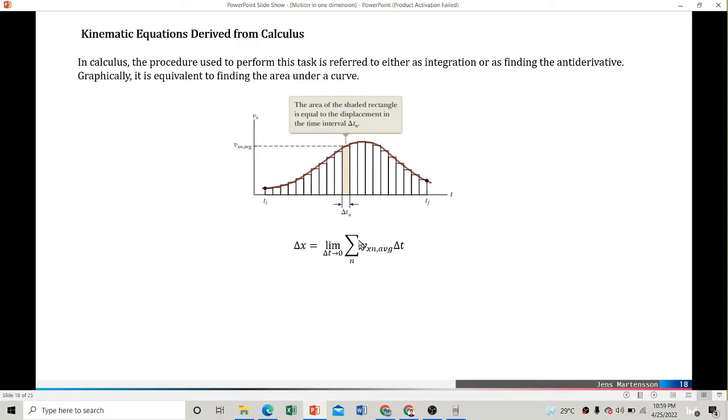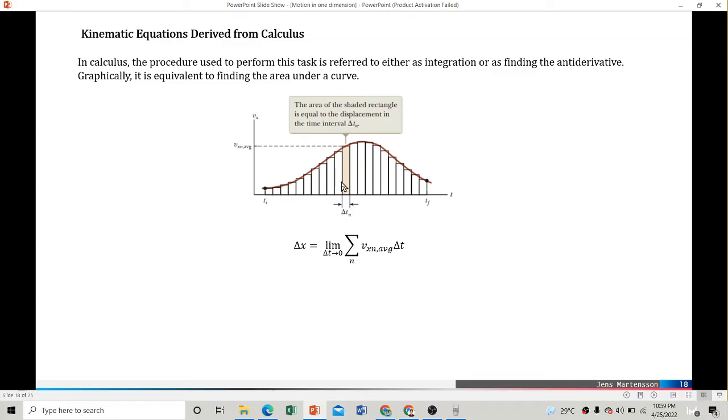Using this sign, which is summation, n goes from 1 to infinity; n approaches infinity.